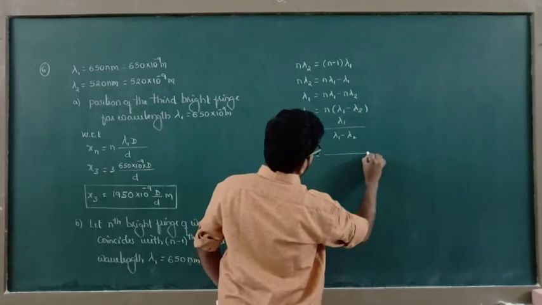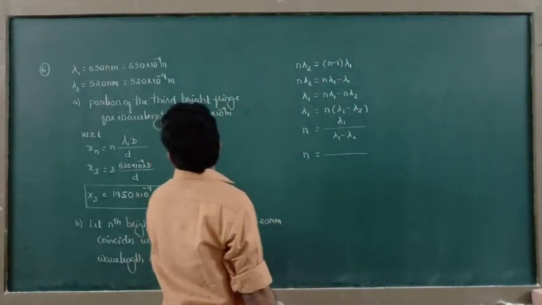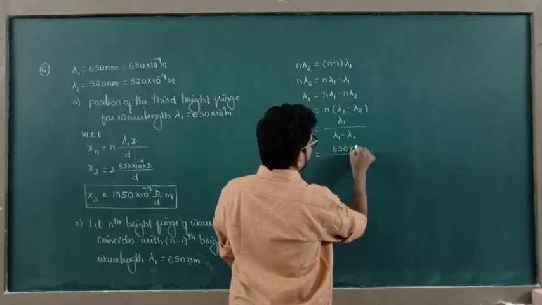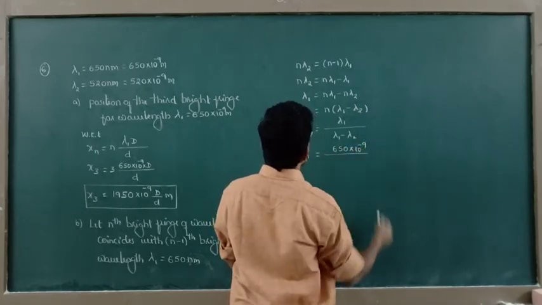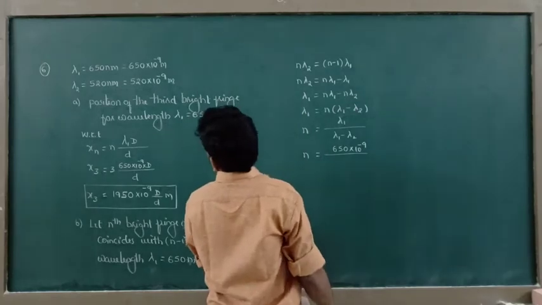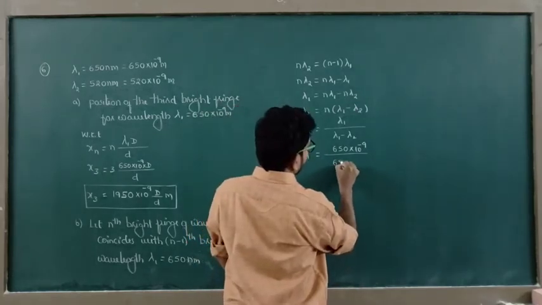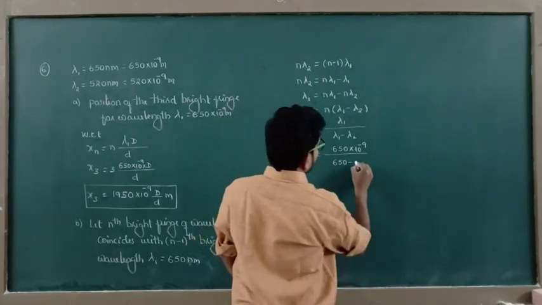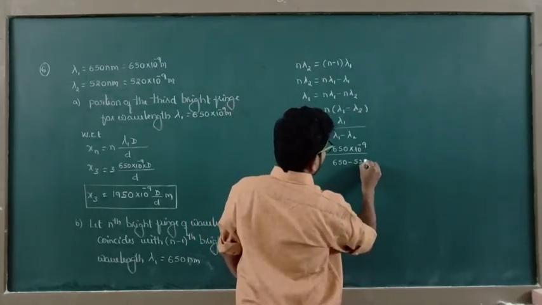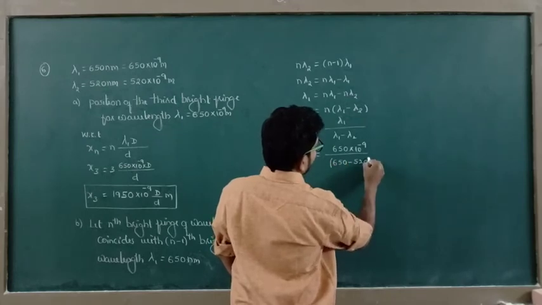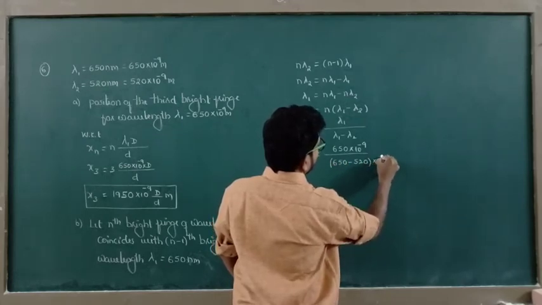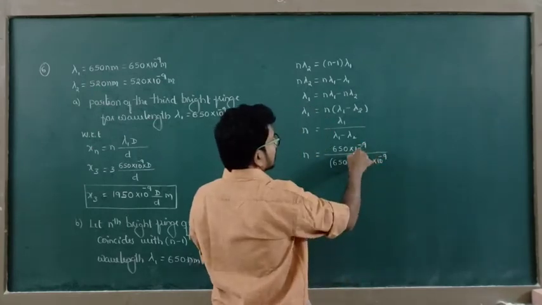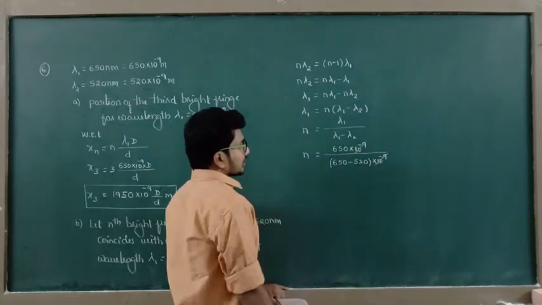n is equal to lambda 1, 650 into 10 to the power minus 9, divided by 650 into 10 to the power minus 9 minus 520 into 10 to the power minus 9. The common factor is 10 to the power minus 9, so 10 to the power minus 9 gets cancelled.